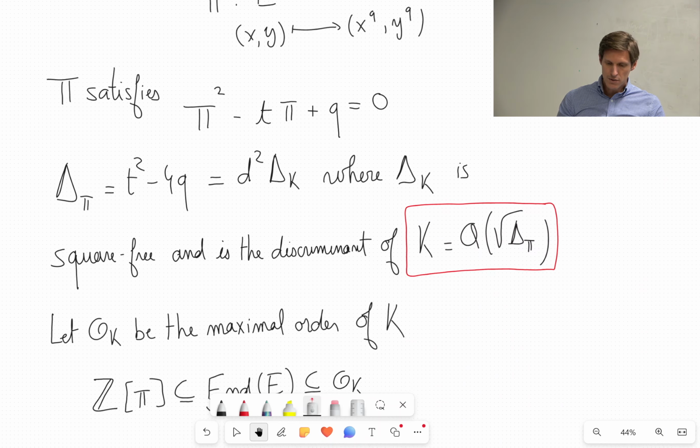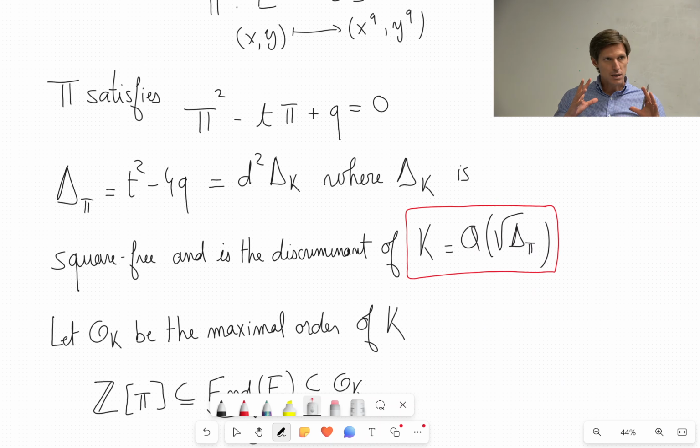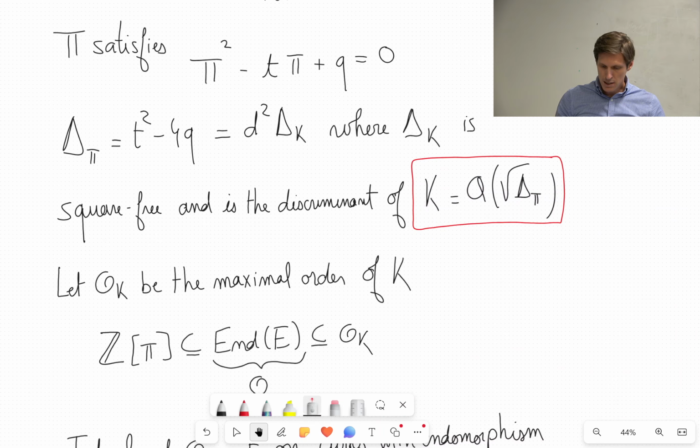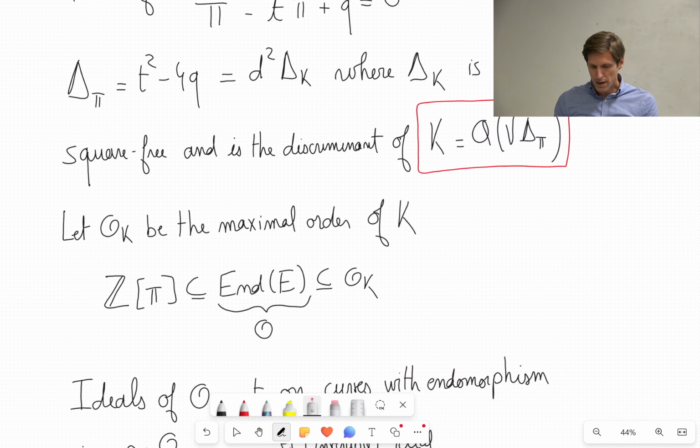In that field, you can look at the endomorphism ring. You first look at Z adjoined the Frobenius, which is always in your endomorphism ring. Sometimes your endomorphism ring has more, and however much more it has, it's always going to be stuck in a ring called the maximal order of this field.